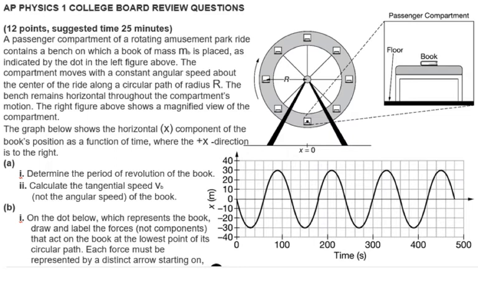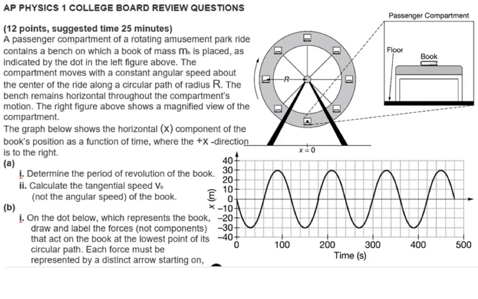The bench remains horizontal throughout the compartment's motion. The right figure above shows a magnified view of the compartment. The graph below shows the horizontal x component of the book's position as a function of time, where positive x is the direction to the right.